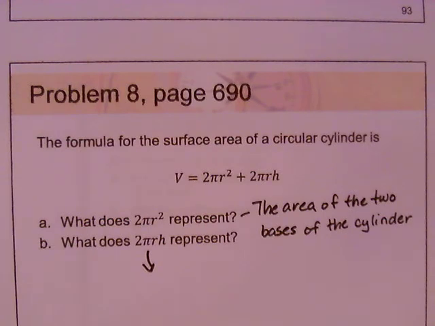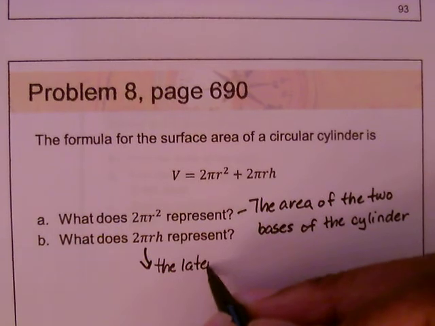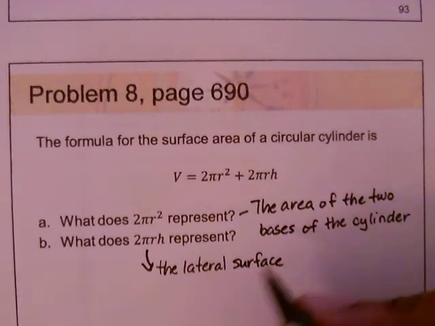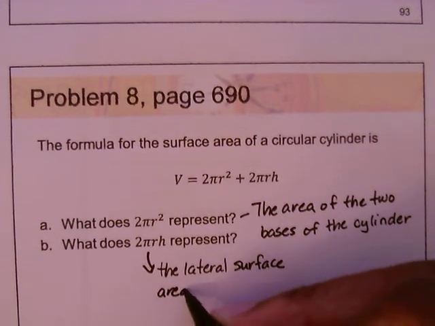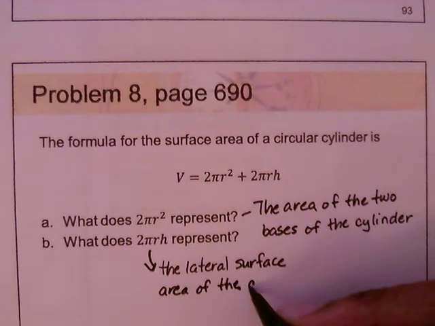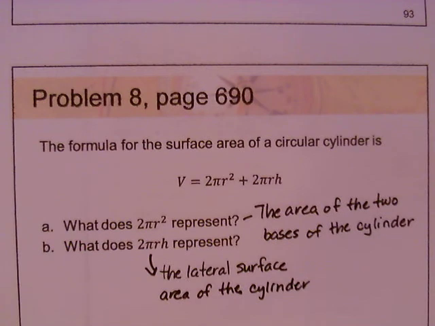That flat surface represents the lateral surface area of the cylinder. So 2 pi RH is the lateral surface area of the cylinder, and 2 pi r squared is going to be the area of the 2 bases of that cylinder.